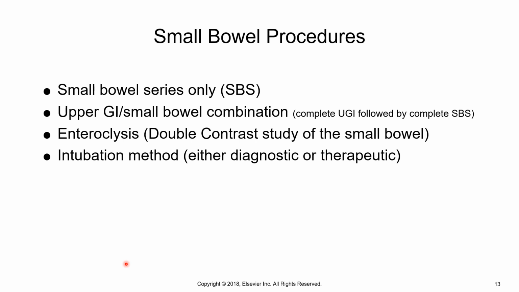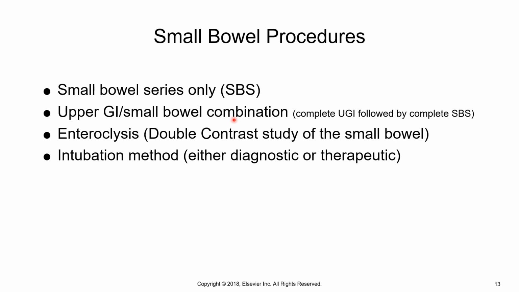Some of the different small bowel procedures that we do, there are different things. So they can order what's called a small bowel series or an SBS, and that is an exam that looks at just the form and function of the small bowel. Sometimes they can order what's called an upper GI small bowel combination.